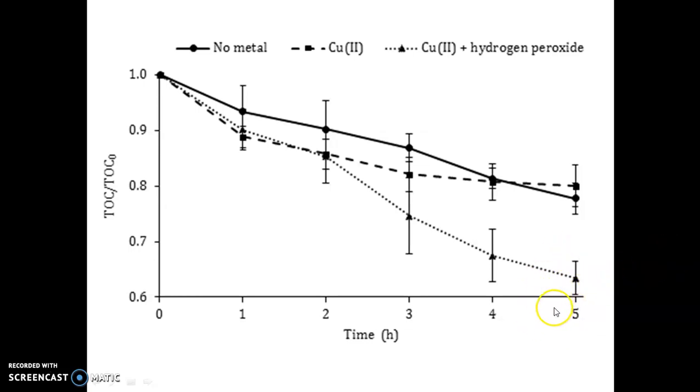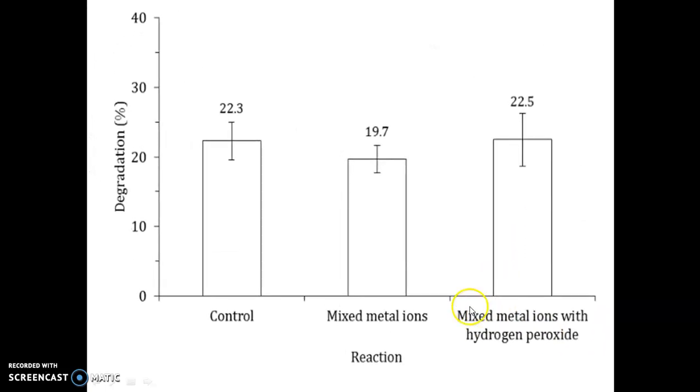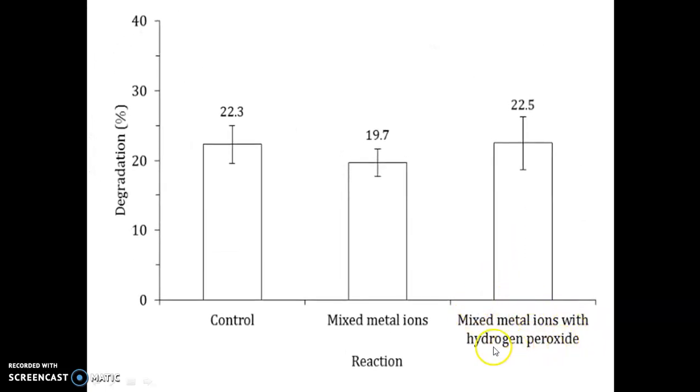However, for the mixed one, once the mixed metal ion was treated with the hydrogen peroxide, there was only a very slight increment, which is not significant. This is believed to be mainly due to the formation of copper glyphosate complexes. It clearly shows the dominant behavior of copper-2 ion in retarding the degradation efficiency of glyphosate.